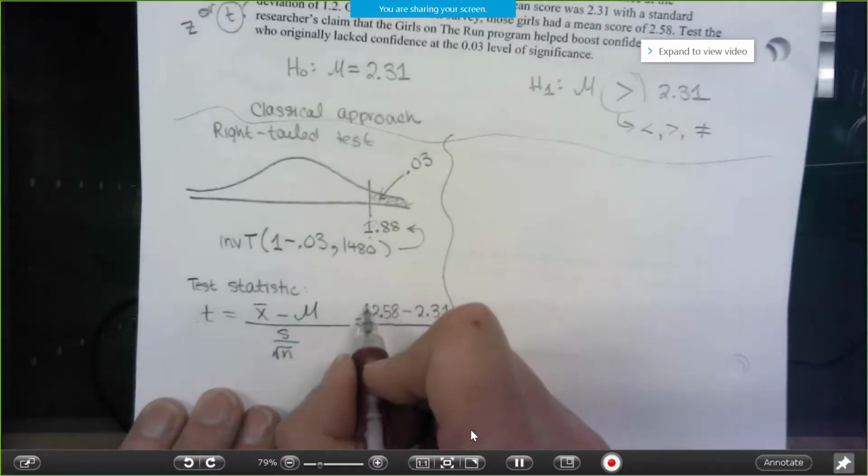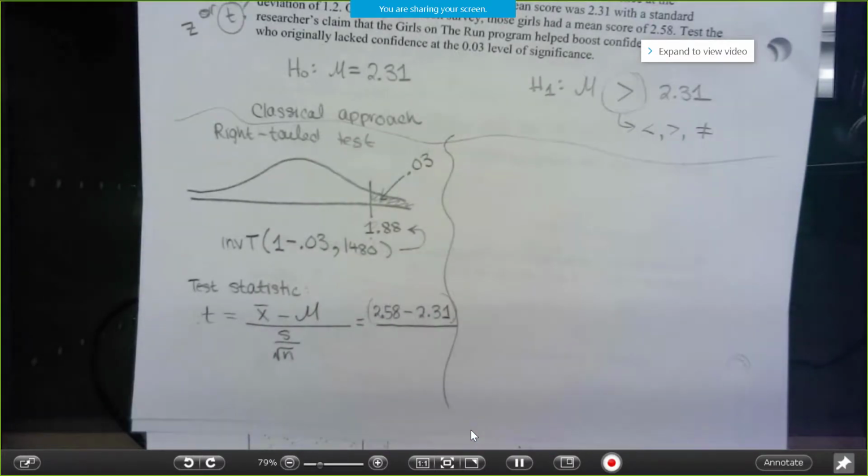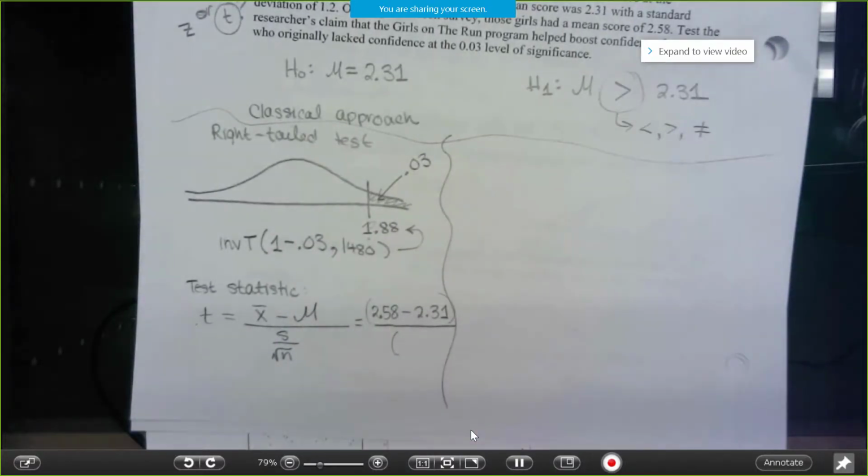And then, so when you type this in your calculator, you're going to have that in parentheses. And then divided by, and you're going to have to put the denominator in parentheses as well. So our S, what am I going to put in place of S?